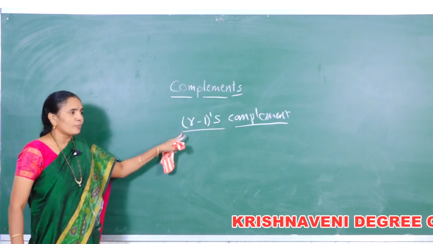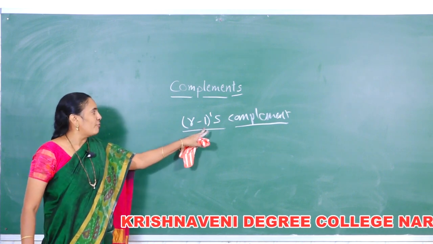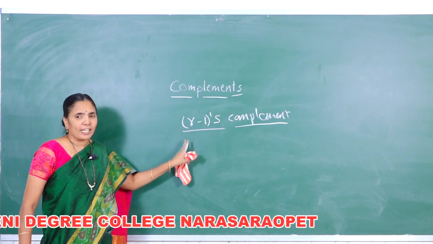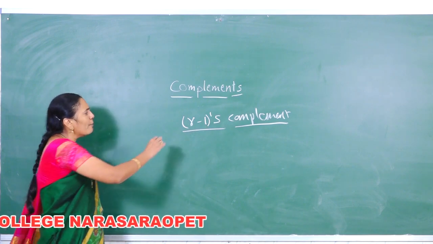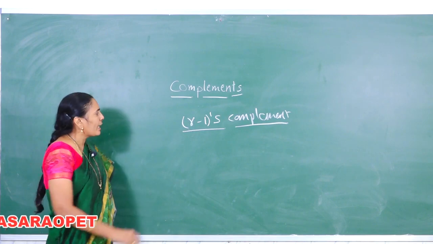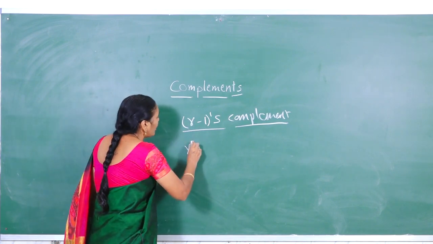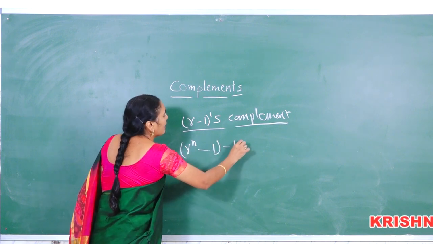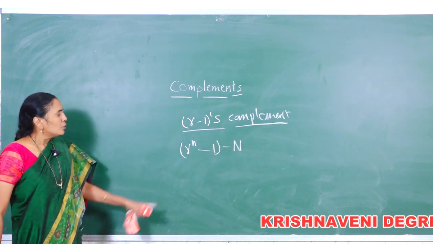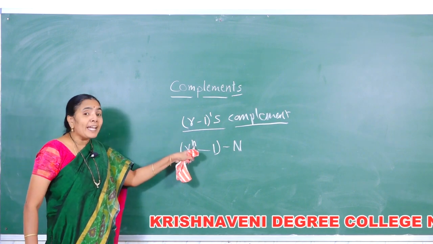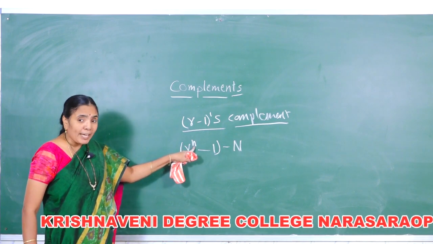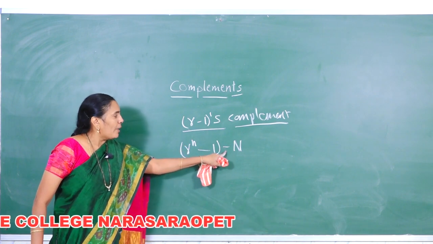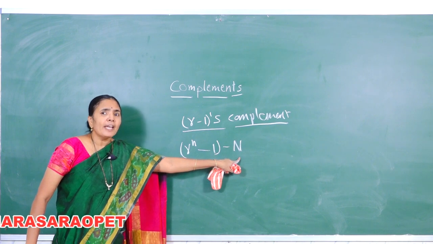Let us discuss how to find the r minus 1 complement of a given number. It can be obtained by subtracting the given number from r to the power of n minus 1, where n is the number of digits in the given number.